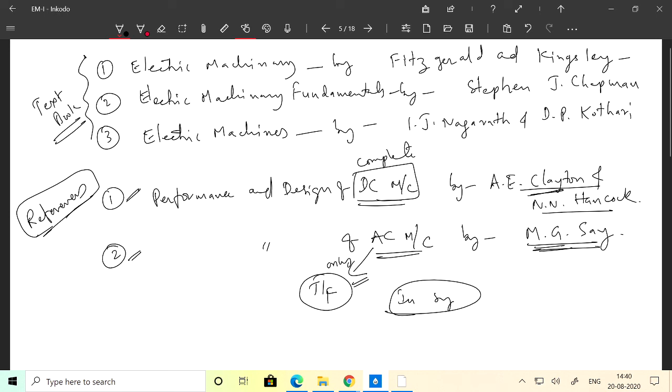Coming to the textbooks, for DC machines I will follow Chapman majorly, and sometimes I may also see Fitzgerald and Kingsley. And for transformers I will see MG Say.